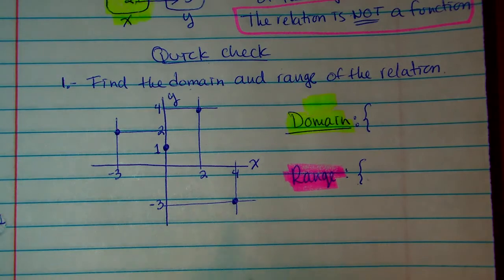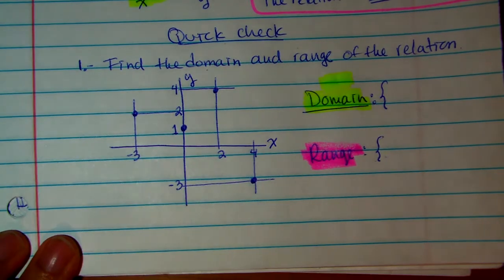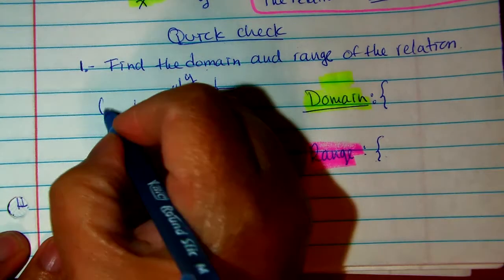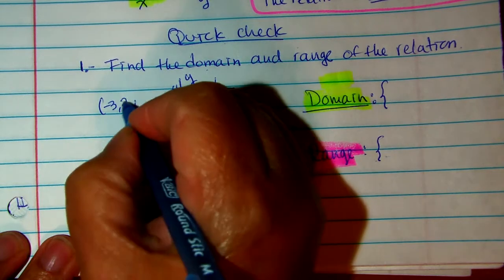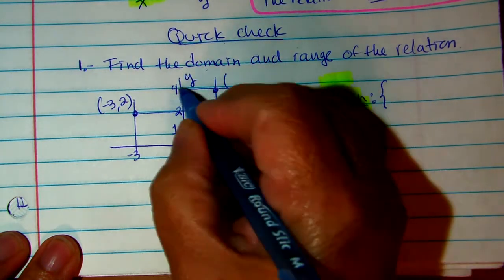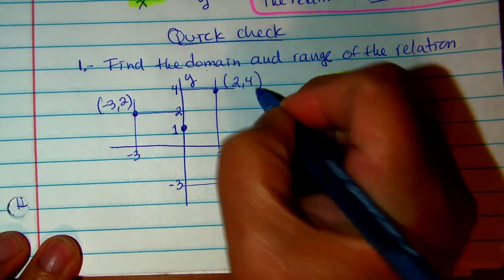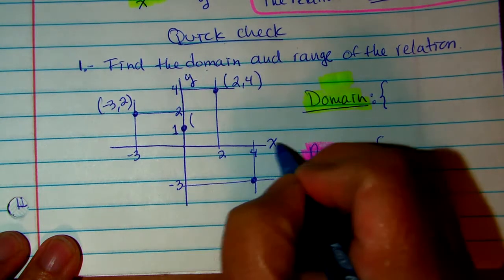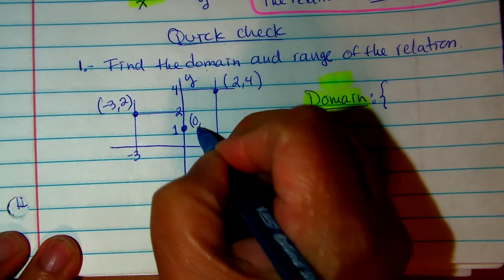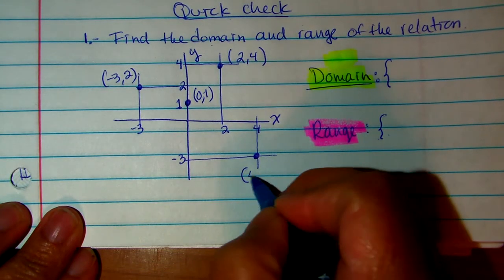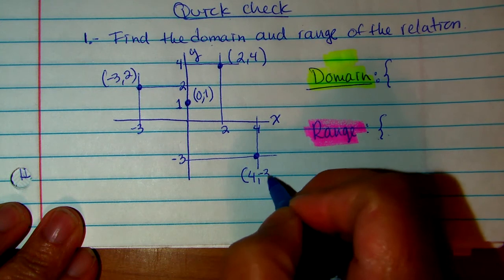Now, if we write these coordinates right here, we can write them right here. The coordinate for this point is what? -3, 2. The coordinate for this point right here is 2, 4. The coordinate for this point right here is, where is it located on the x-axis? At 0, 1. And this point right here is 4, -3.